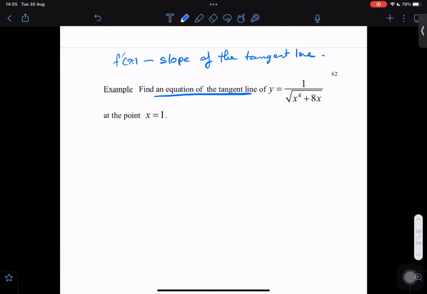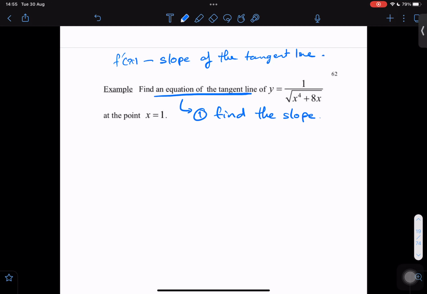Okay, so when you are going to find the equation of the tangent line, first you need to find the slope.